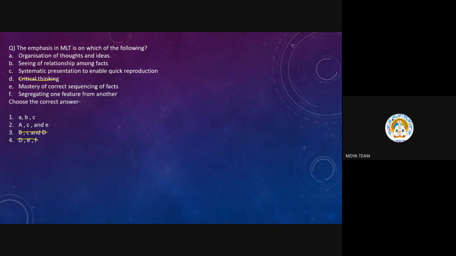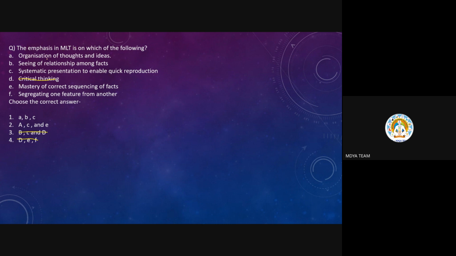Now it is A, C, E, or A, C, and B. I am telling you to solve questions this way when you do not know the answer. If you know the answer, it is very good. But when you are not able to recall things, just eliminate. This is the method of elimination.